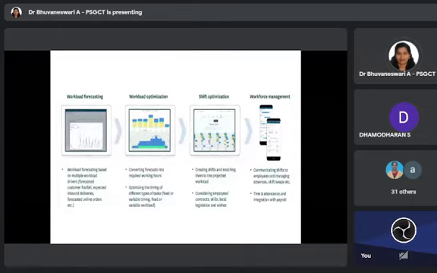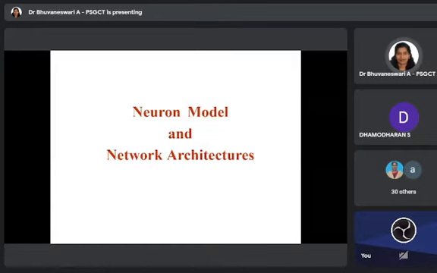Okay, so now I'm going to proceed with the neuron models, the neural network models and their architecture. So here comes the deep learning model. Already we know that AI is a representation of the brain's intelligence. The functionality of the brain depends on the biological neurons that are present, and there are different types of neurons with different structures.